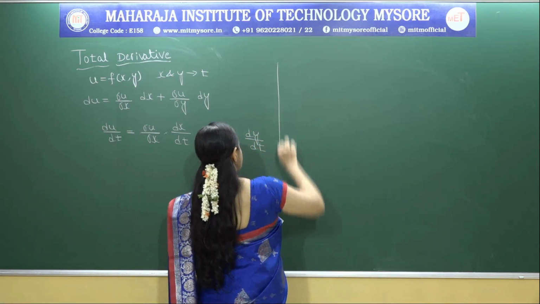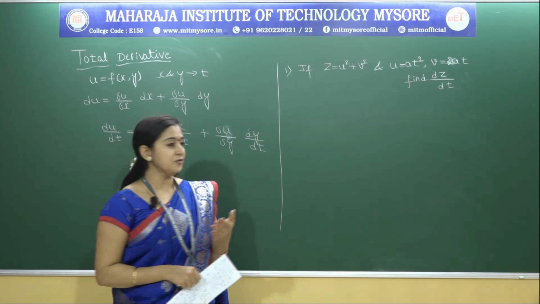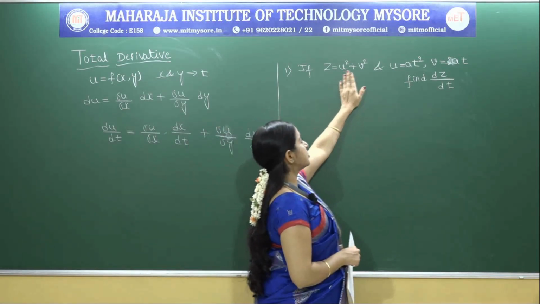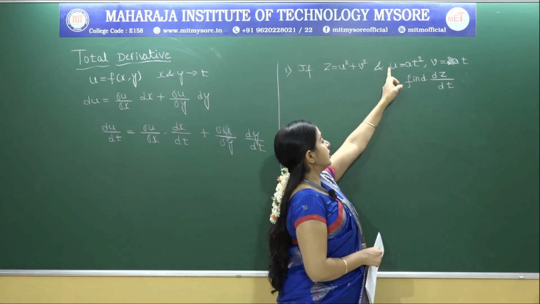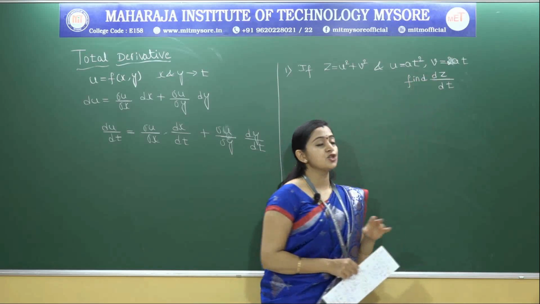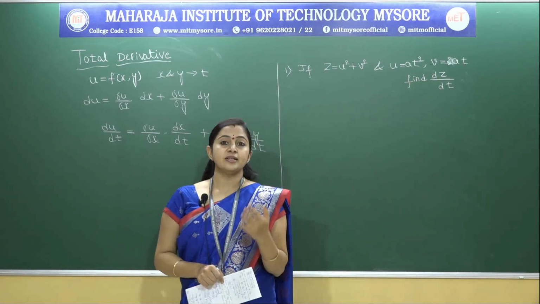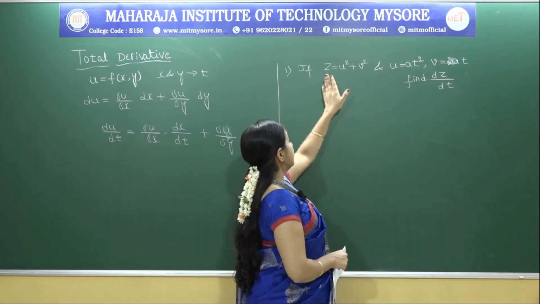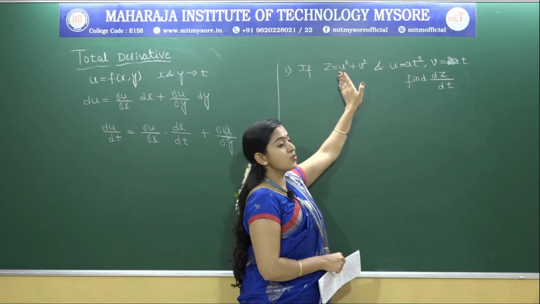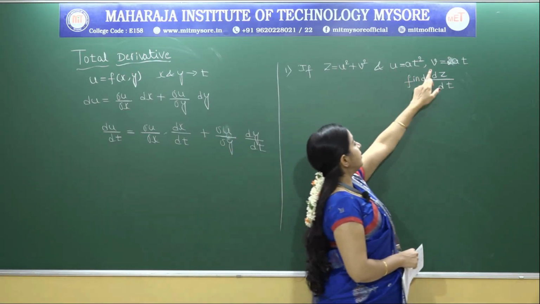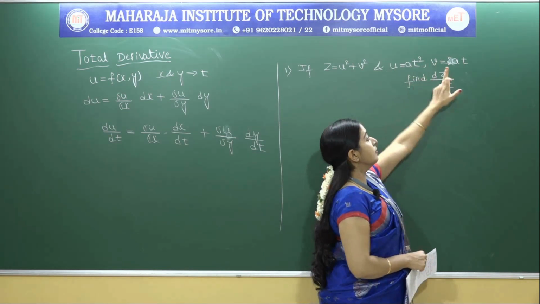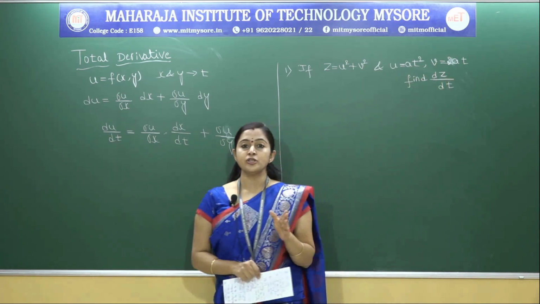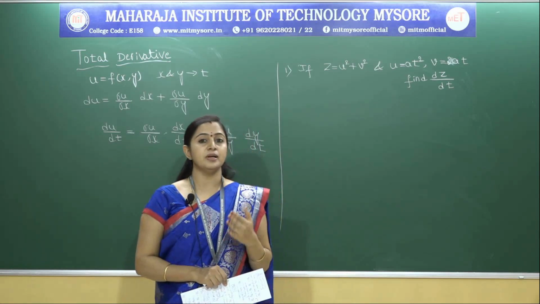The first example: I consider the function z equals u square plus v square, u equals at square, v equals 2at. Then you have to find dz divided by dt. z depends on the two variables u and v, and u and v depend on the single variable t, so it is a composite function of the single variable t.